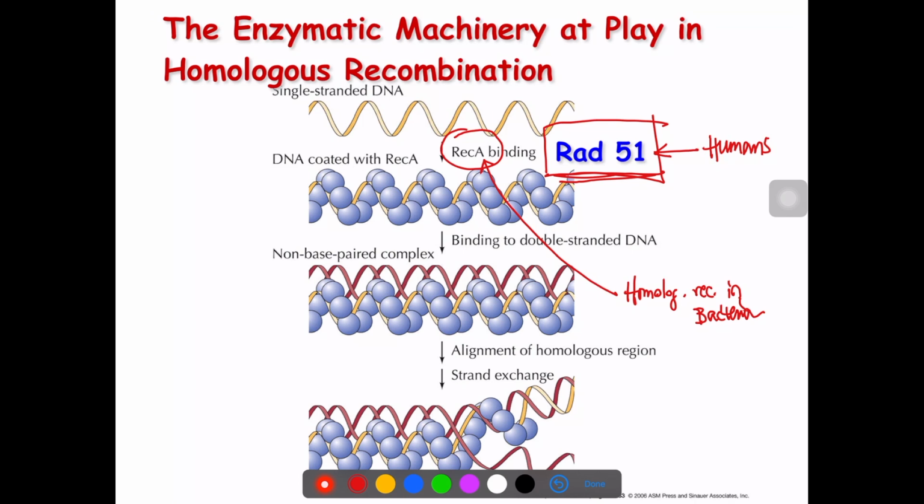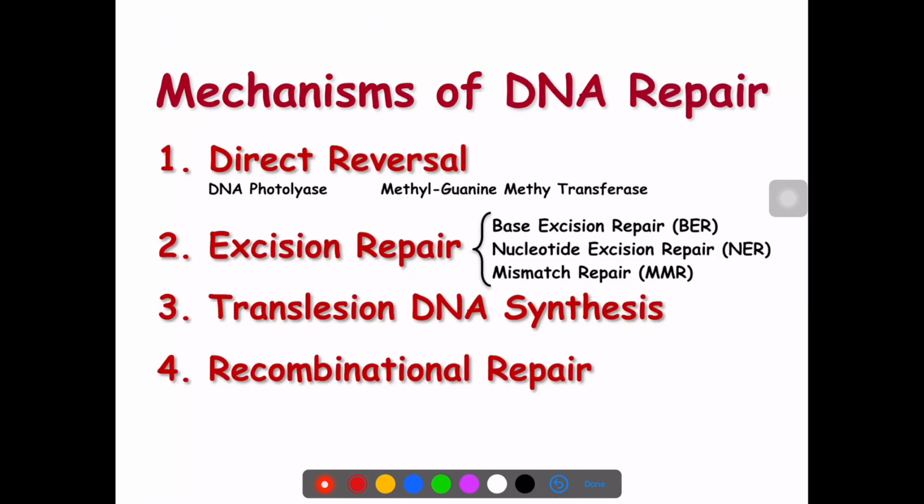So with that in mind, I just want to again give you this final outlook to what we have actually talked about. We have talked about the different mechanisms of DNA repair. We talk about direct reversal as being the most effective, most rapid, most phenomenal way of repairing DNA damage.